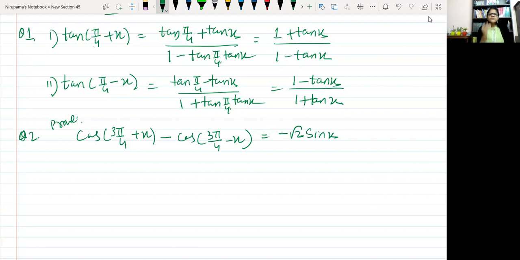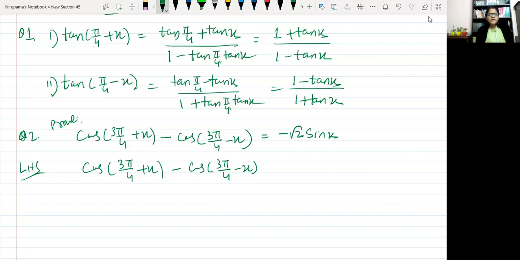So in such questions, how to do it? See, one way is, we are writing here cos(3pi/4 + x) minus cos(3pi/4 - x). One way to do such a question is you can expand cos(a+b), then cos(a-b) format, then simplify.